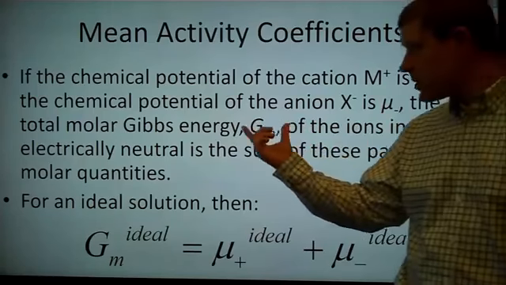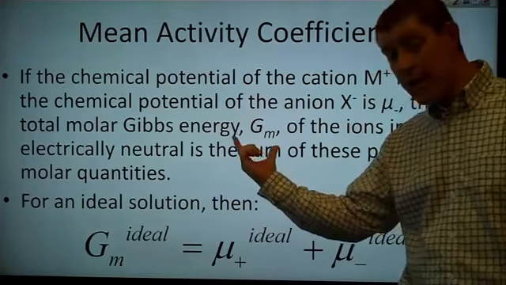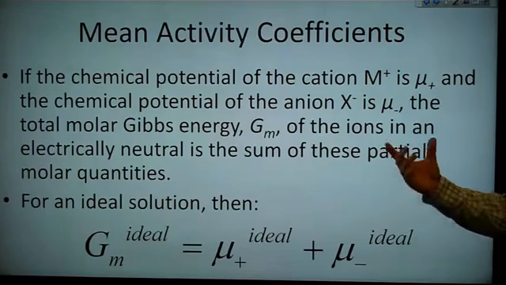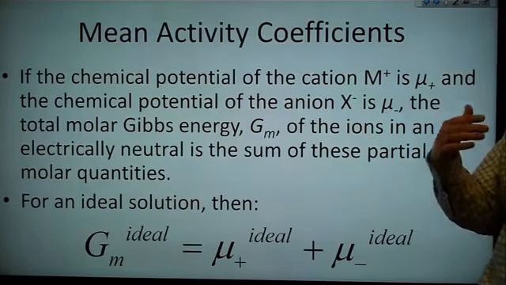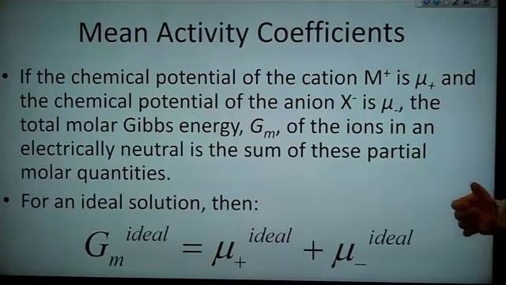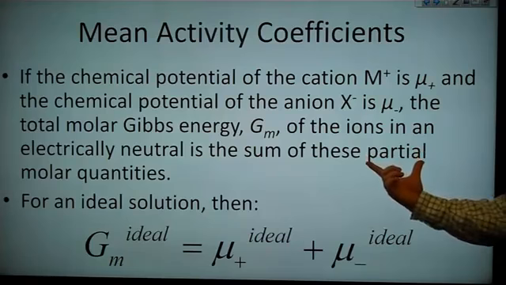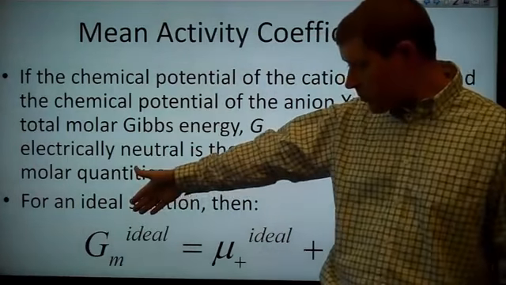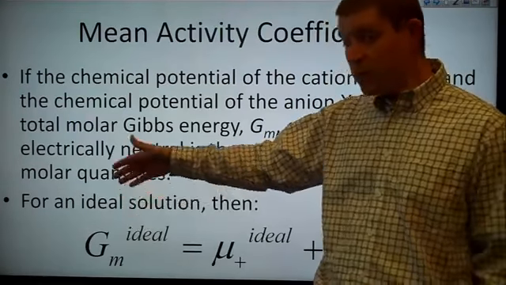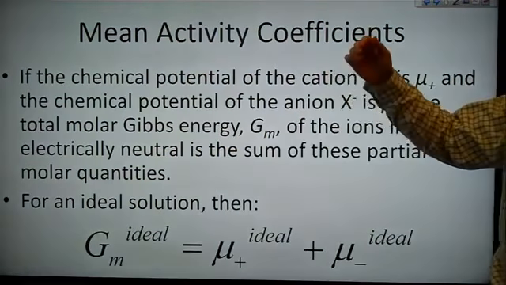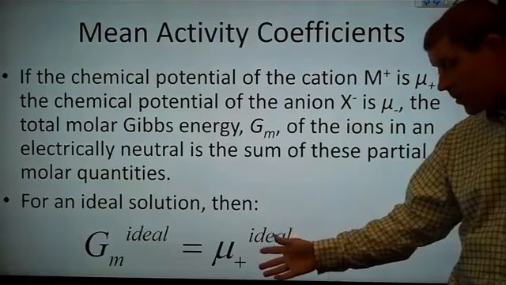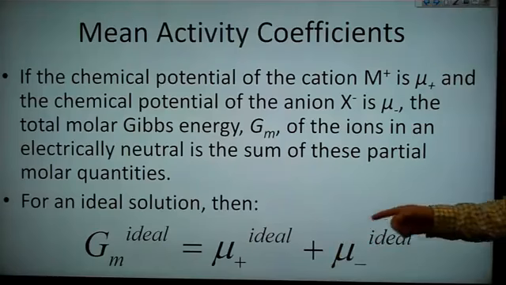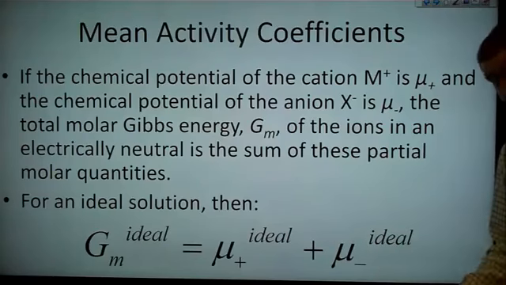And our molar Gibbs energy Gm of our ions in an electrically neutral solution is the sum of these partial molar quantities. So that means that now the ideal molar Gibbs energy is equal to the ideal chemical potential of our cation plus the ideal chemical potential of our anion.